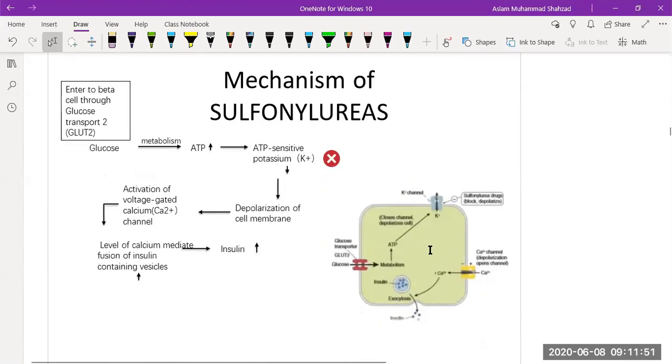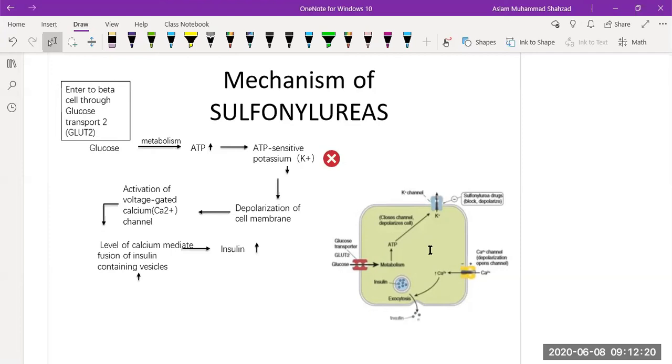When we see the mechanism of action, the main thing is that it decreases the ATP-sensitive potassium channel activity. When glucose enters the beta cell through glucose transporter 2, GLUT2, it increases ATP production through metabolism.